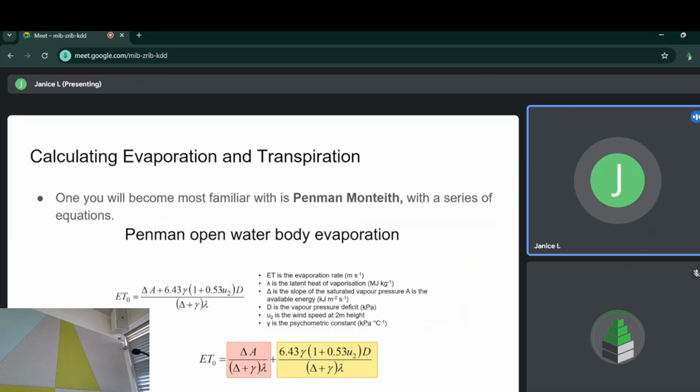So potential evaporation and evapotranspiration, that's ET0. It is the maximum amount of water that can be evaporated or transpired irrespective of the amount of water available. Say, for example, based on the temperature, the humidity, and all the circumstances, what is the maximum amount of water we can evaporate in those conditions?